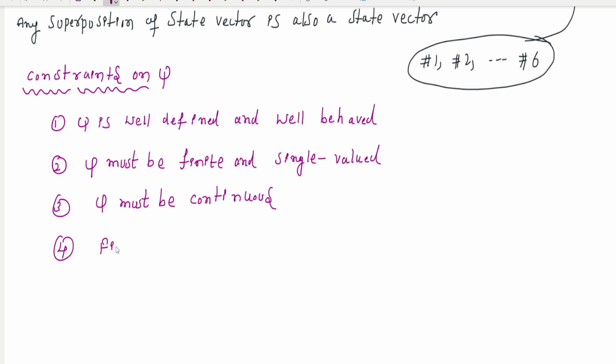Fourth constraint, the first derivative of psi is continuous.